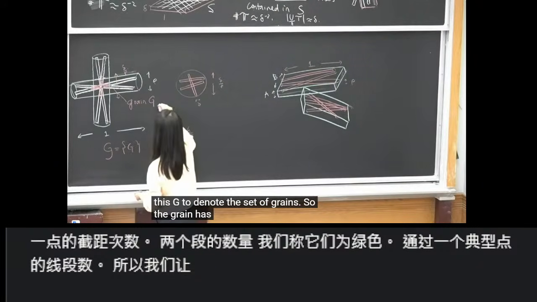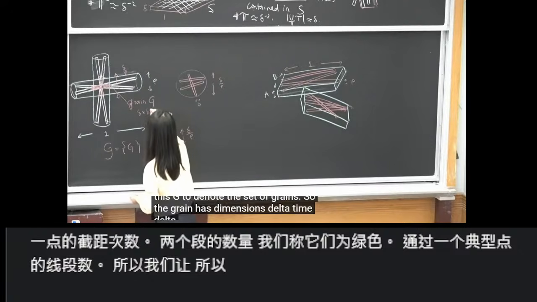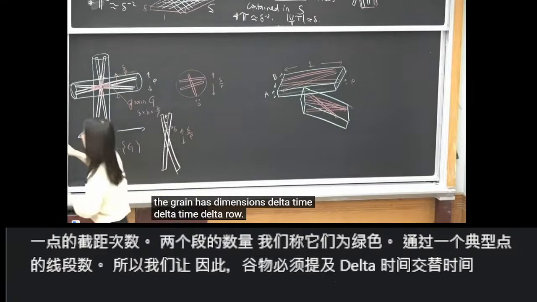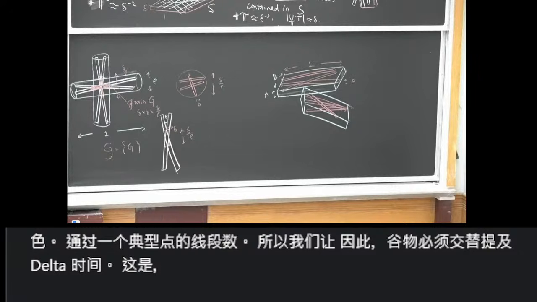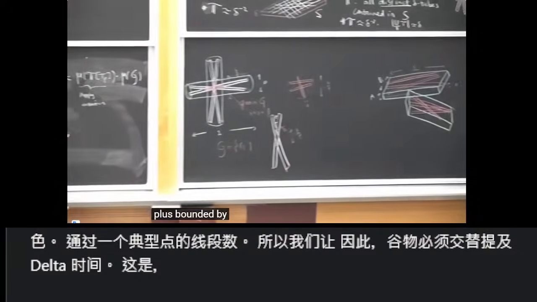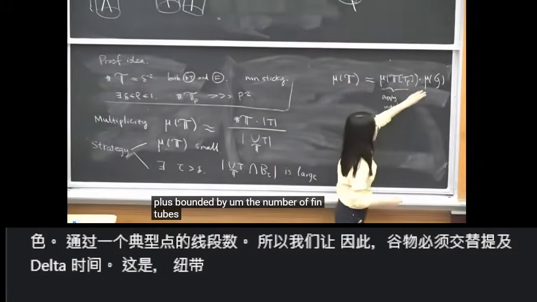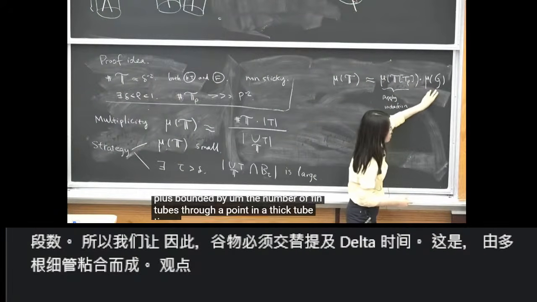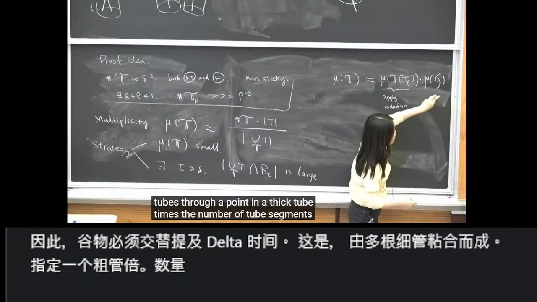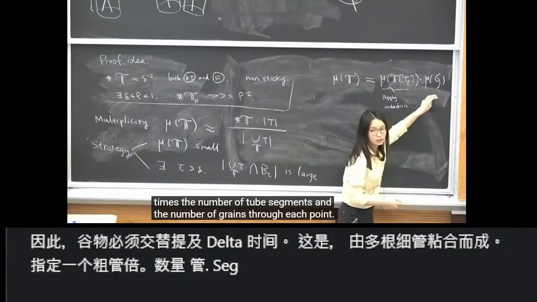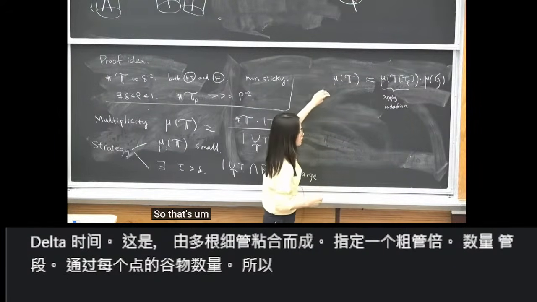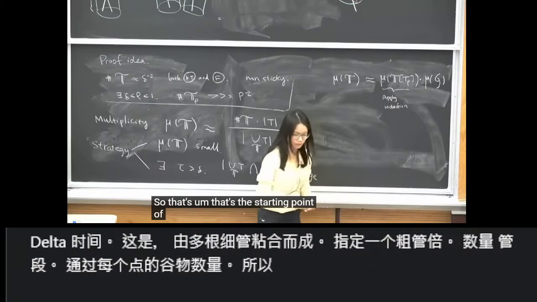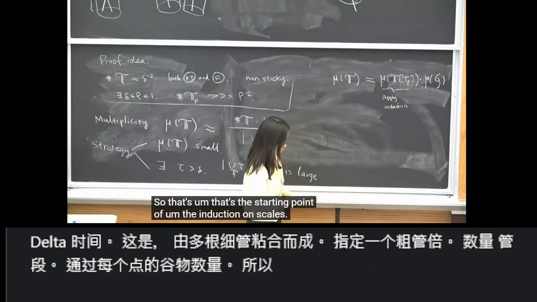The grain has dimensions delta times delta times delta over rho. And this is thus bounded by the number of thin tubes through a point in a thick tube times the number of grains through each point. So that's the starting point of the induction on scales.